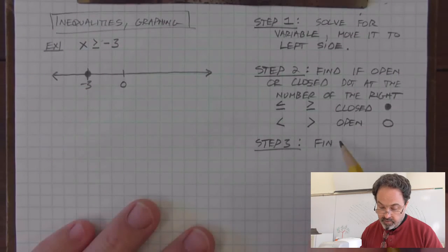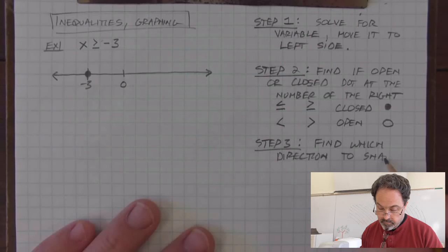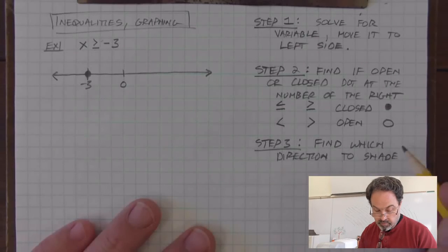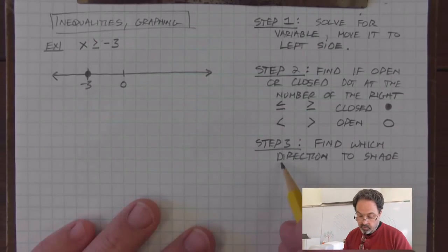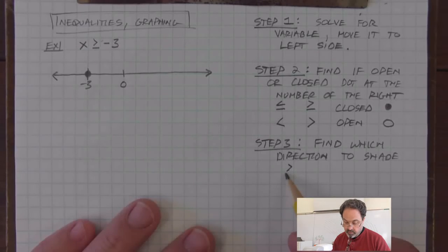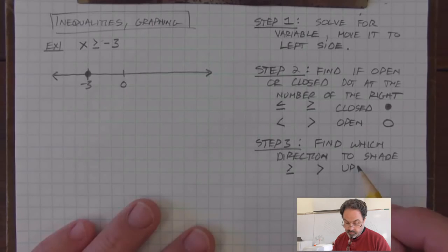Find which direction to shade. If our inequality symbol is greater than or equal to or just greater than, then we are going to shade up or in the positive direction, or in this case, to the right.